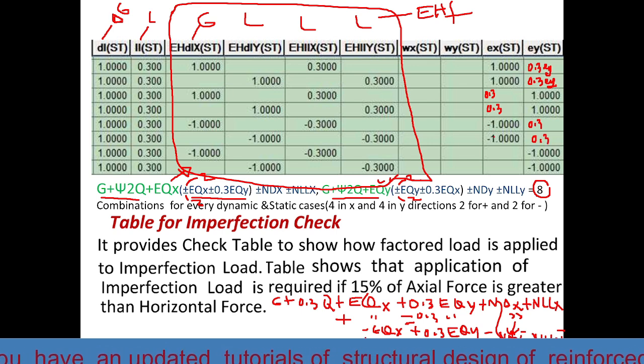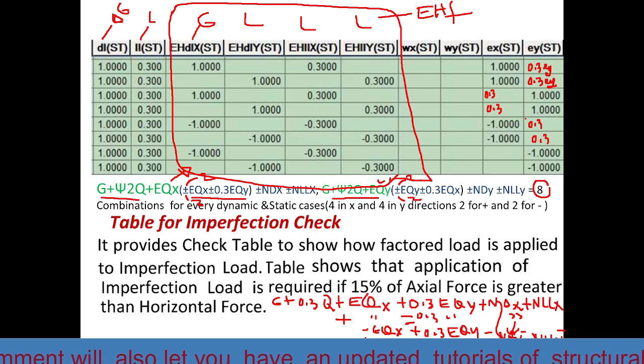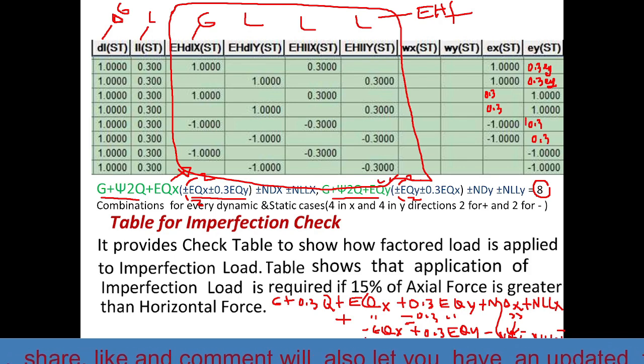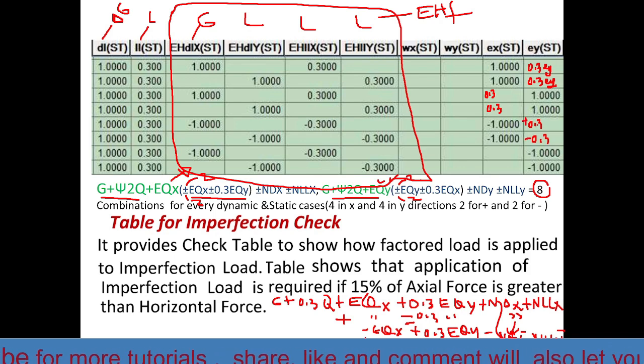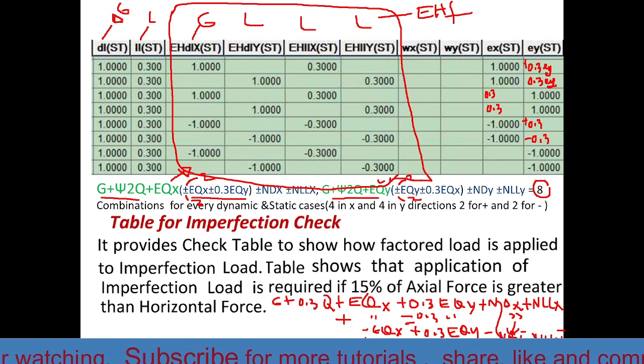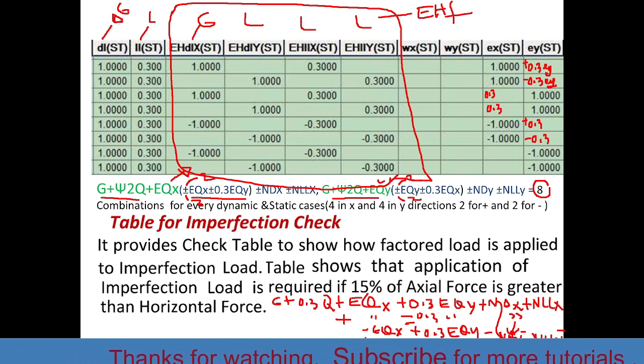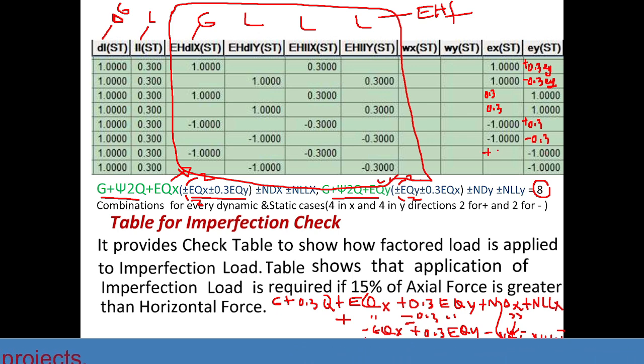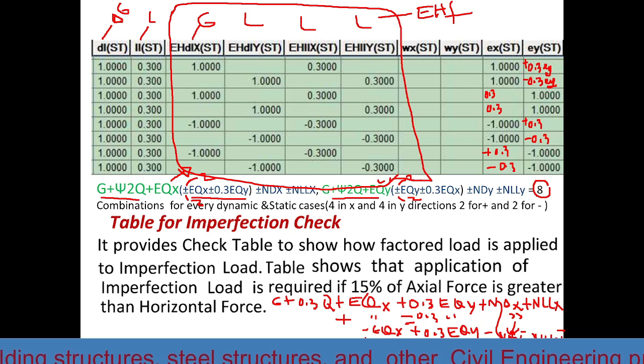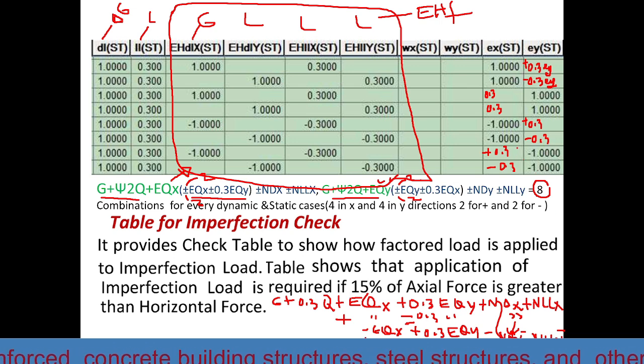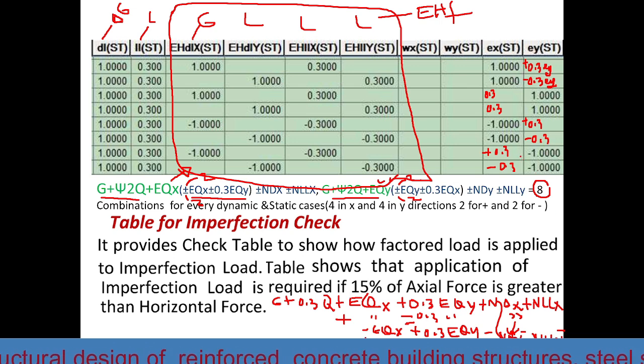Here this is minus, and so this is the positive, and this one is minus, and this one is positive, and this one is minus. And when we come to here also, that is plus 0.3, and here minus 0.3. So generally, how many combinations are there? 8 combinations will be generated.